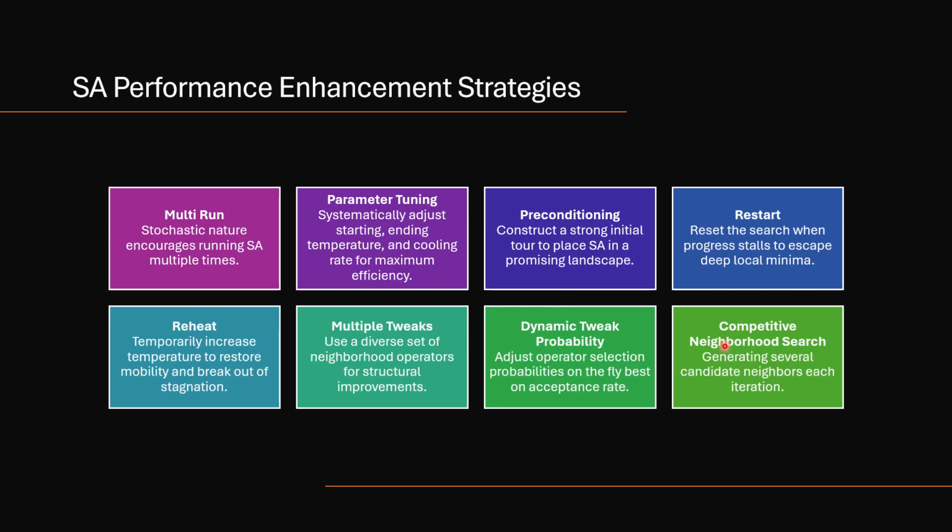And finally, competitive neighborhood search. So rather than running one tweak and then doing the candidate acceptance evaluation on that one, let's run 5 or 6. And then the best candidate of those, in terms of the delta with the current, let's choose that as the go-forward candidate.